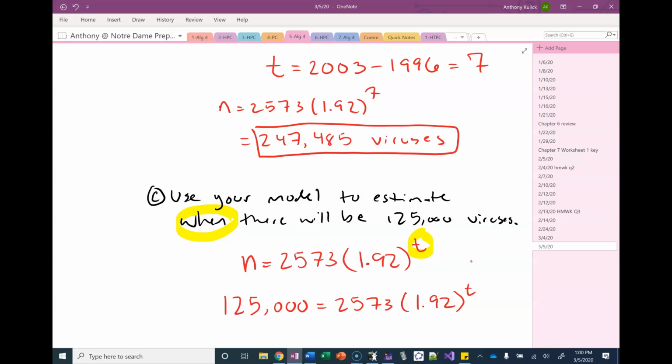So we need to now solve this equation for T. Can we do this algebraically? No. It turns out that we don't have enough tools right now to be able to solve this algebraically.